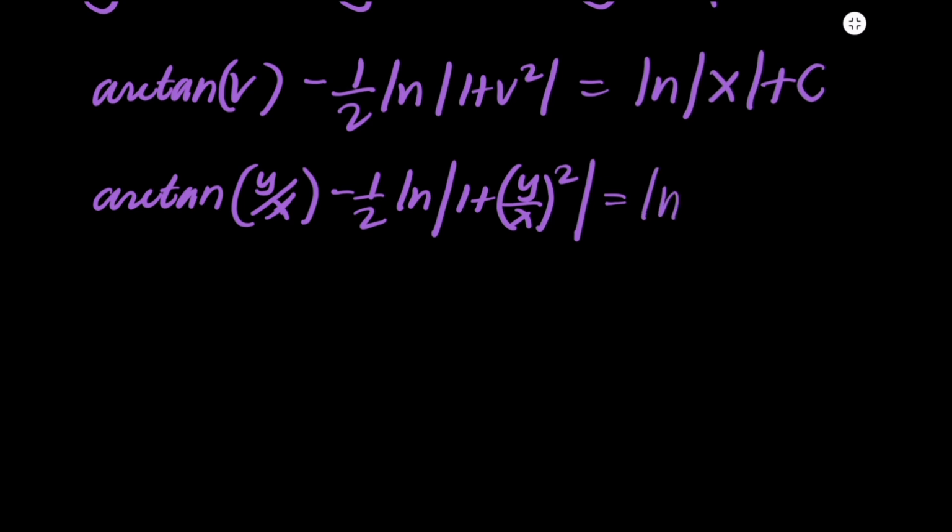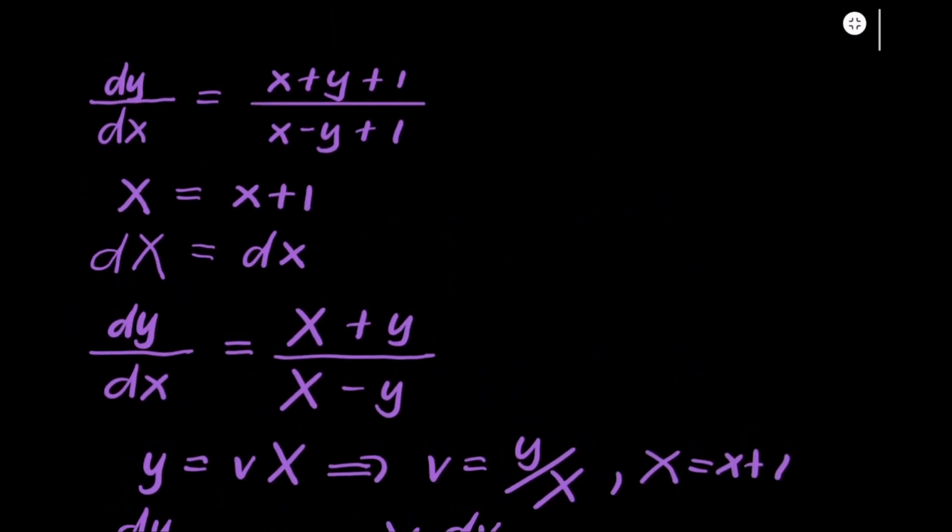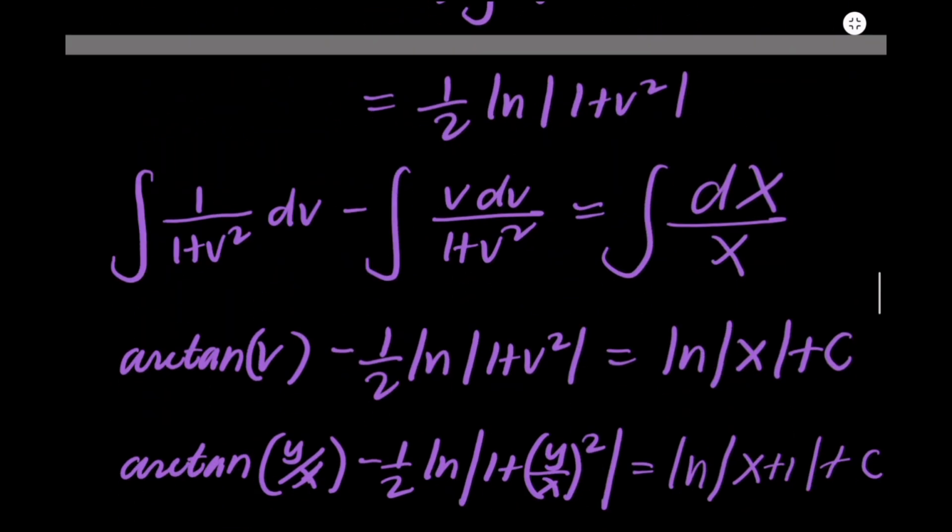So what is X? X is x plus 1, right? So ln of x plus 1, plus c. Is that correct? Capital X is equal to x plus 1, okay?